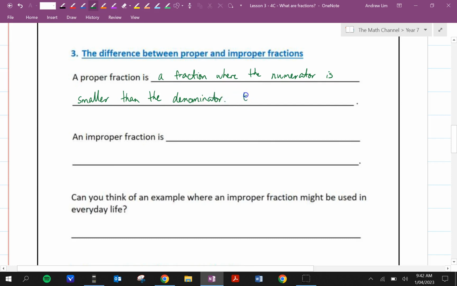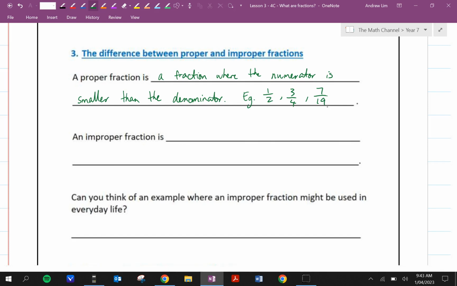For example, half. The numerator is smaller than the denominator. 1 is smaller than 2. Or maybe 3/4. 3 is smaller than 4. Or maybe 7/19. 7 is smaller than 19.